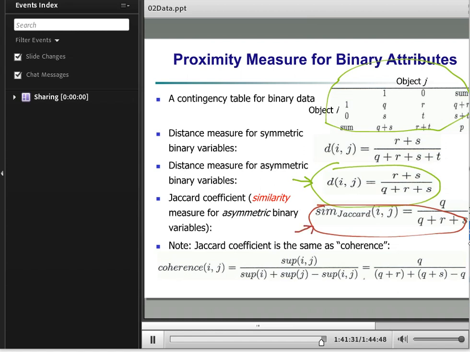It's not important because similarity between I and J is 1 minus dissimilarity between I and J. Similarity and dissimilarity are correlated. Similarity is equal to 1 minus dissimilarity, or dissimilarity is equal to 1 minus similarity.